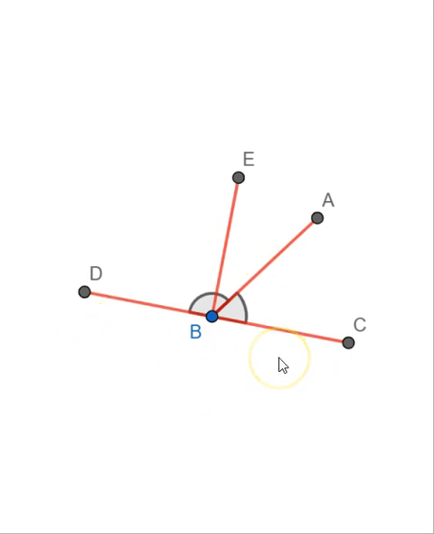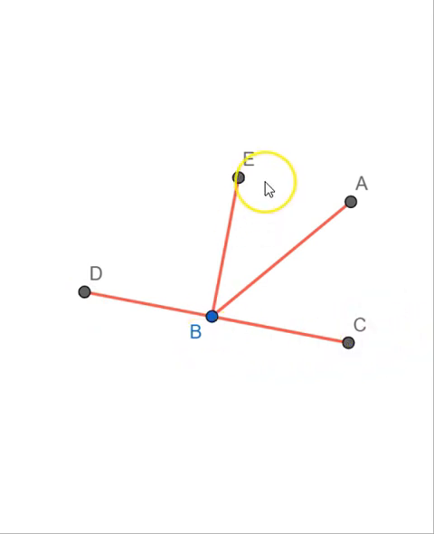The sum. Individually, they are 90 degrees, that is a right angle. So keeping this in mind, we have to prove that angle CBA plus ABD is equal to two right angles, that is 180 degrees. So let's see how we can do that.